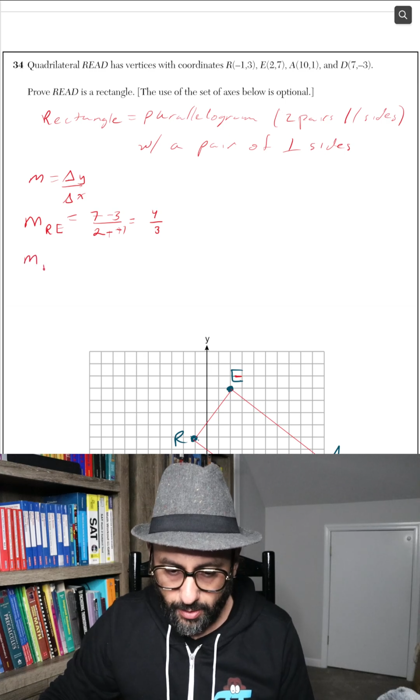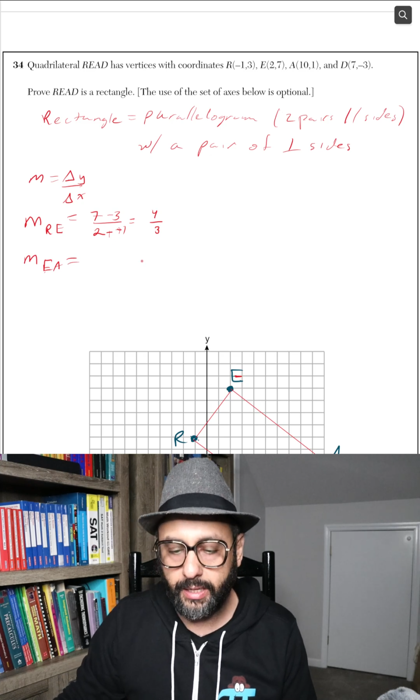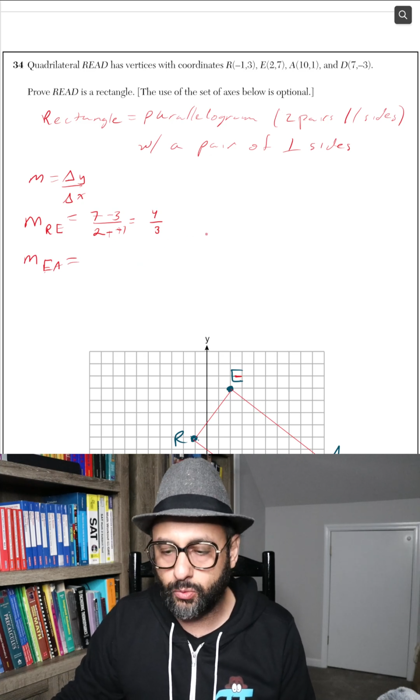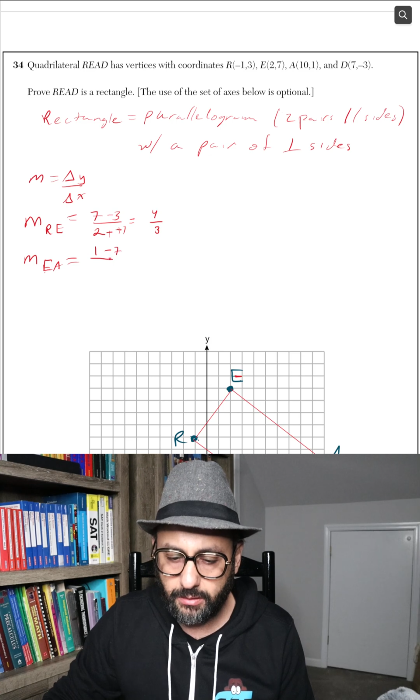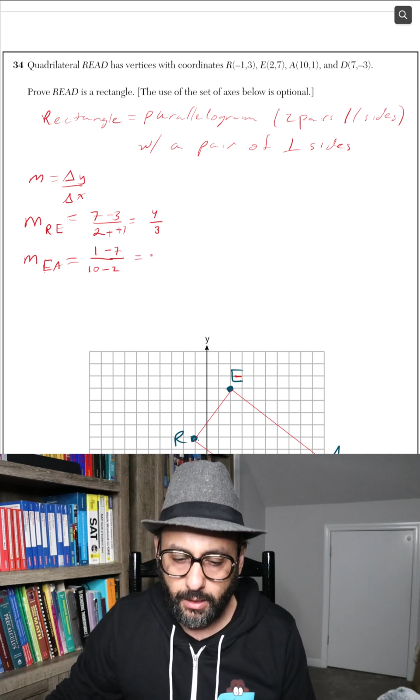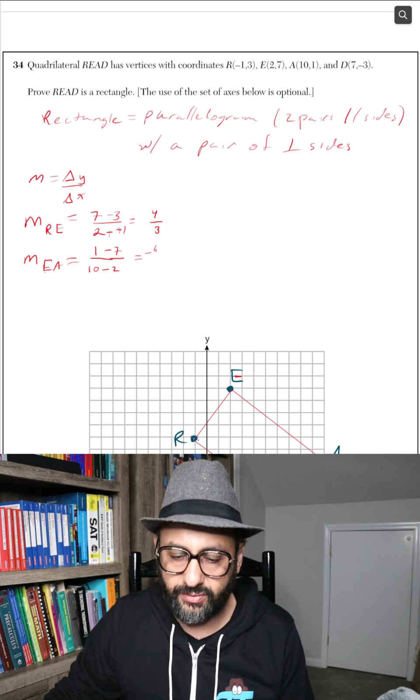The slope of EA is equal to, again, change in y over change in x. I'm going to do A minus E in that order. So 1 minus 7 over 10 minus 2, which is equal to negative 6 over 8, which is equal to negative 3/4.